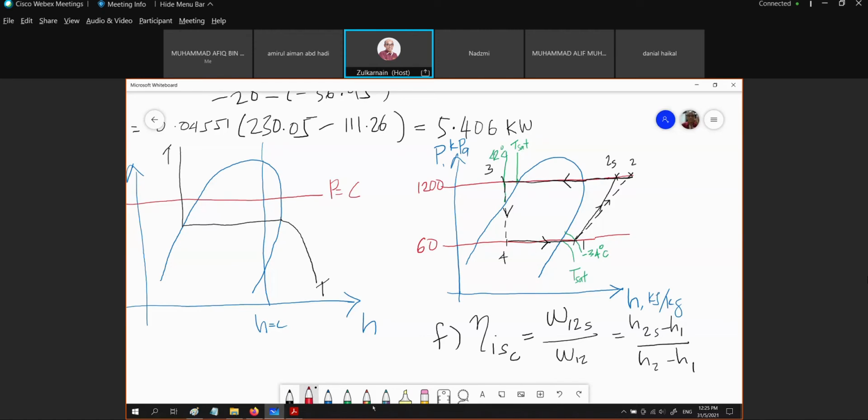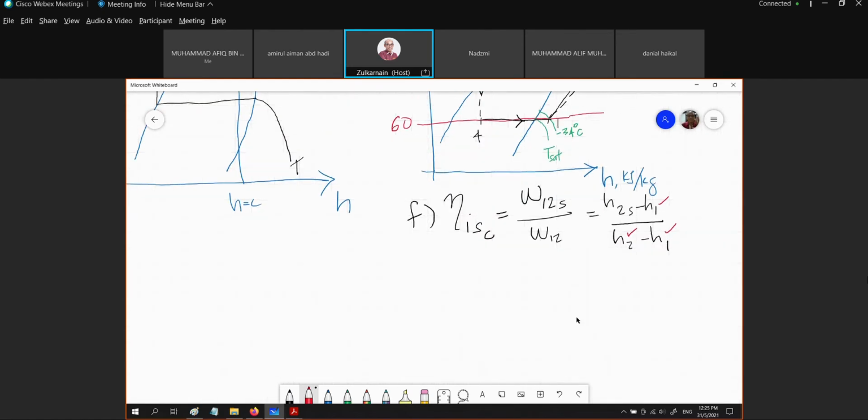So remember, we have solved for the H1 and also the H2. So now you have to get H2S. I'm not going to solve it, but I'm going to show you how to get the H2S. Basically, for the H2S, we use the 1.2 megapascal and also the S2S, which is equal to S1.